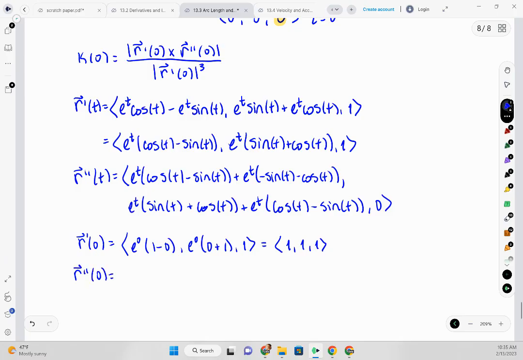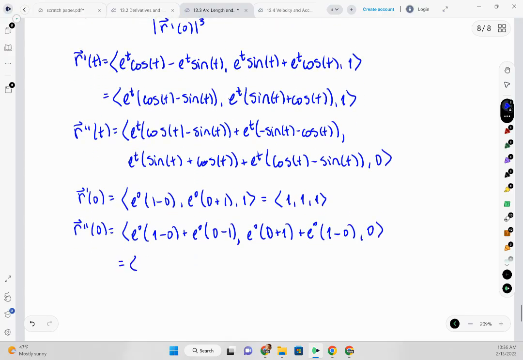R double prime of 0 is equal to e to the 0 times 1 minus 0 plus e to the 0 times 0 minus 1. That's the first component. Second component, e to the 0 times 0 plus 1 plus e to the 0 times 1 minus 0, and then 0. And this simplifies to be 1 minus 1, so it's 0 in the first component, 1 plus 1, so that's 2 in the second component, and it looks like 0 in the third component.